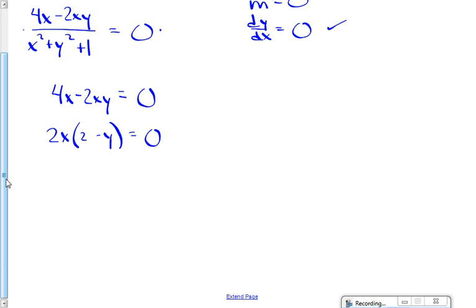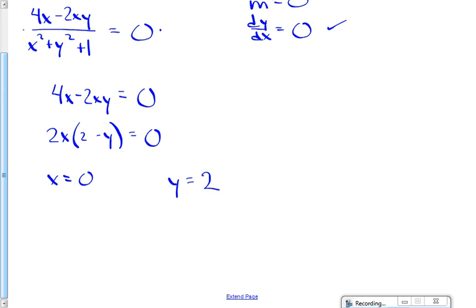What are the x values that make this expression 0? x equals 0. What's the y value? y equals 2. So maybe there's horizontal tangents at those points. Now it's not necessarily the ordered pair (0, 2), and it's not necessarily even on this function.